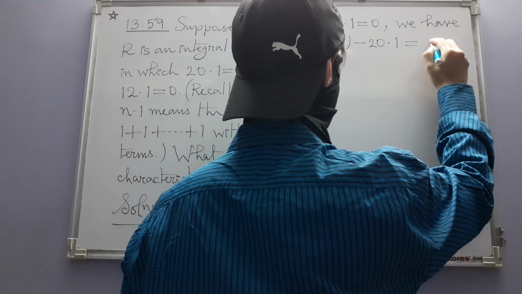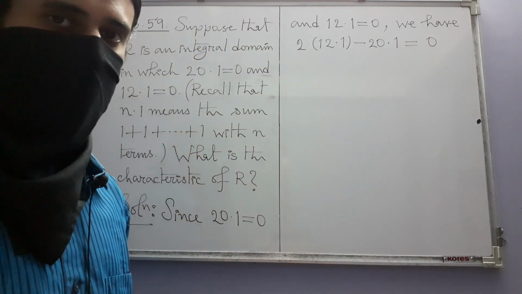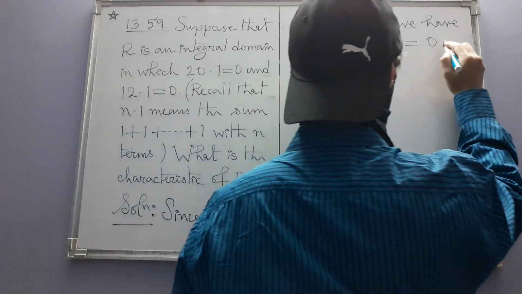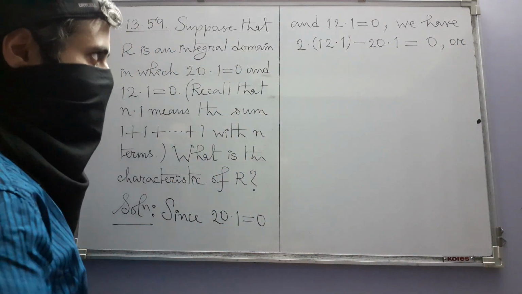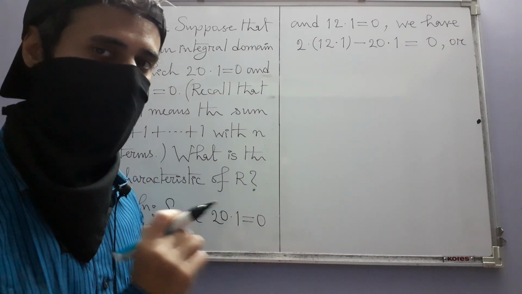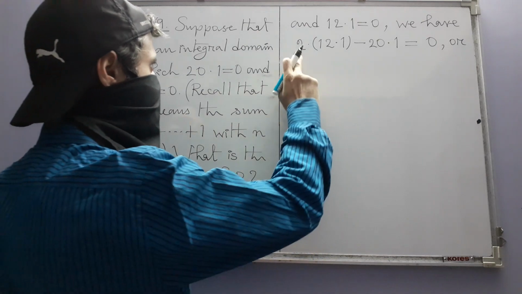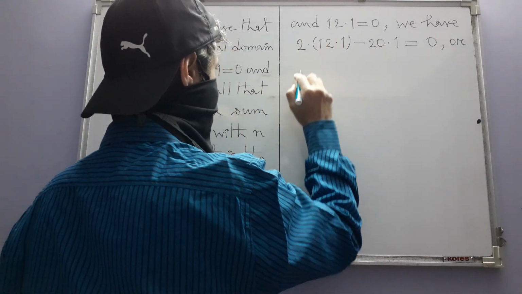It will also be 0 because it's just 0 minus 0. Or if you manipulate this using the laws of exponent in the additive group of the ring, then you get 24 minus 20, which is 4.